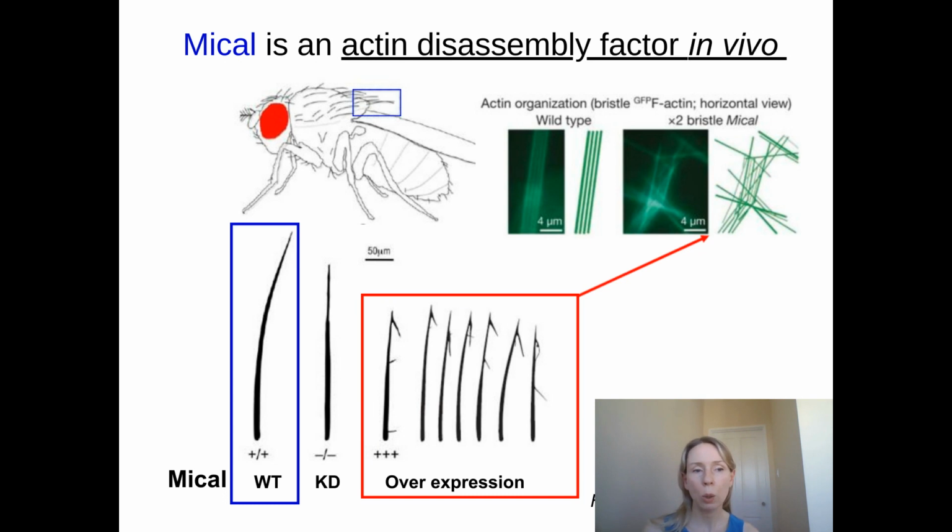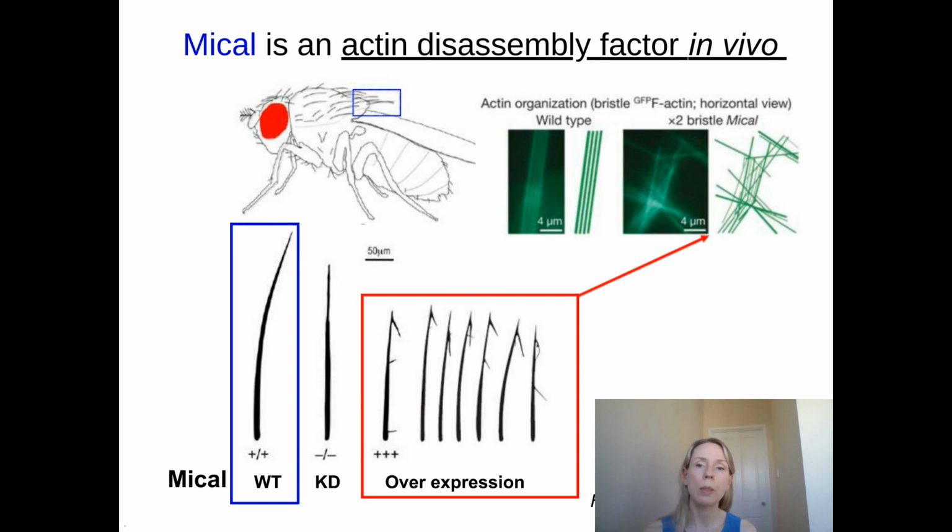And what it leads to on the level of the phenotype, you can see that those bristles of Drosophila start developing those characteristic branches. And this is shown in the red frame over here at the bottom. And you can compare it to the wild-type bristles, which normally do not have any branches, and they are just long and a little bit curved. And so this is a very clear indication that this Mical enzyme regulates actin and disassembles actin in vivo.